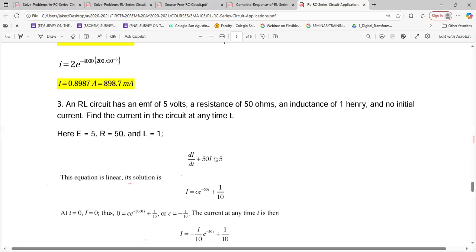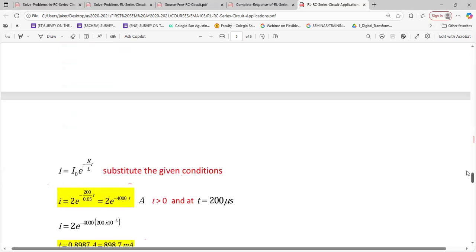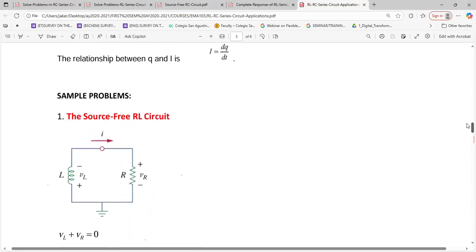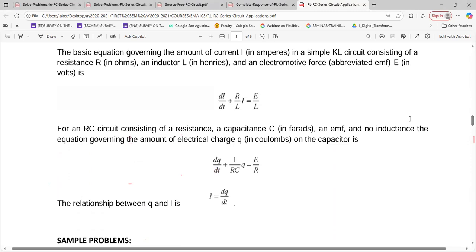Now, this time, your circuit has an EMF and it's an RL circuit. So I'd like to go back up here to the 3 equations I initially shared with you. If the circuit has an EMF, this is your DE for such a circuit. Whether it has an EMF or not, this is actually the DE. You can simply make the E here 0 if it's a source-free circuit.